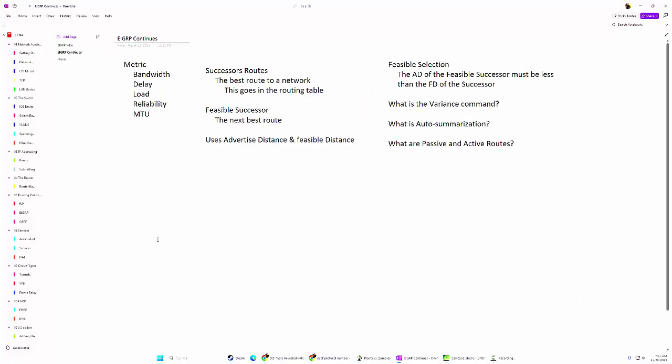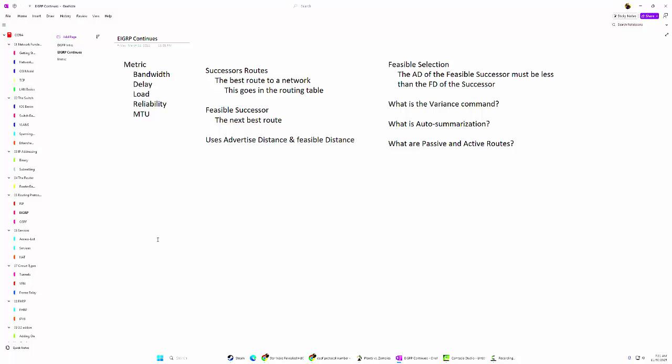Now, your K values: bandwidth, delay, load, reliability, MTU. If you go into a show interface command like G1, you will see these values are there on the interface.